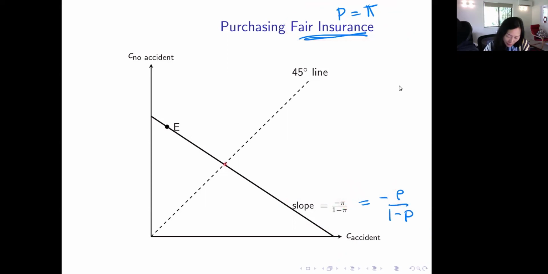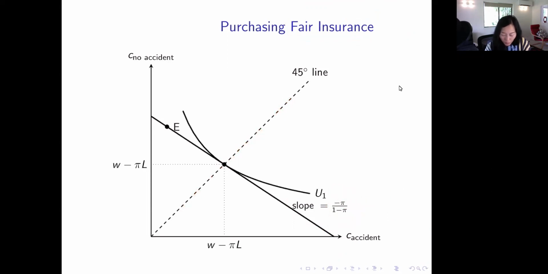And you know that the bundle along this curve has MRS equal to that. So the optimal would be exactly the tangency condition, right? Which is W less pi times L and W less pi times L.